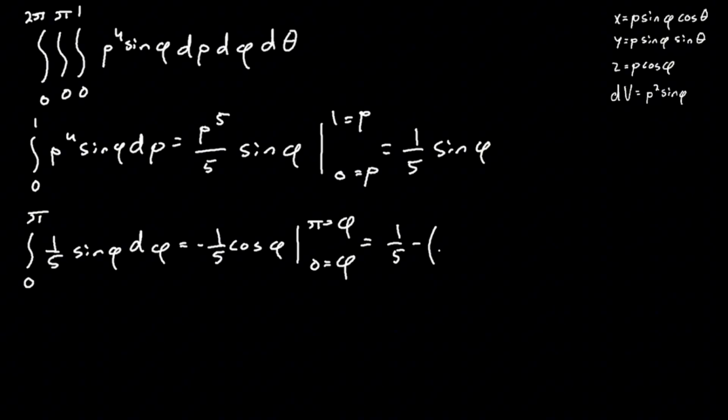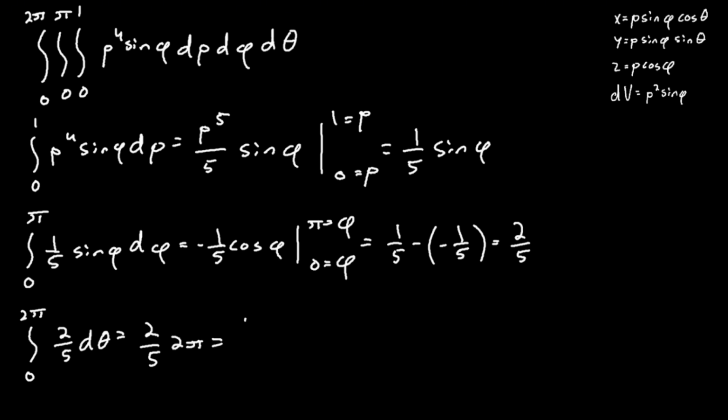So we subtract negative 1/5, which is simply equal to 2/5. And lastly, we integrate with respect to theta, and since this is just a constant, all we do is multiply 2 over 5 by 2 pi, which is equal to 4 pi over 5.